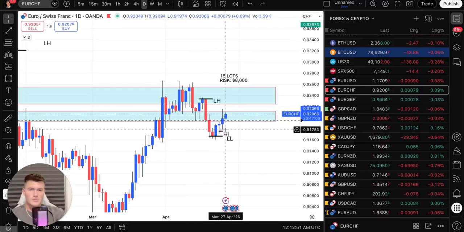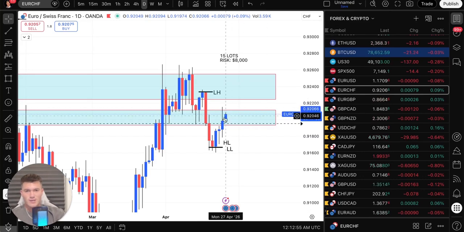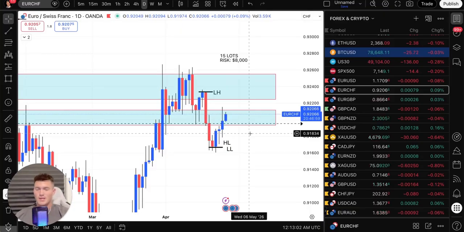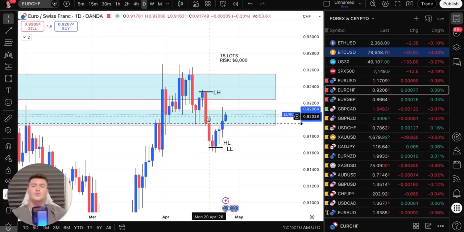A rejection I'm seeing currently is what happened on Friday. Price came way up here and left a huge wick, showing us that price was rejecting that area. This area of interest, this daily area of interest, one of our strongest areas of interest.